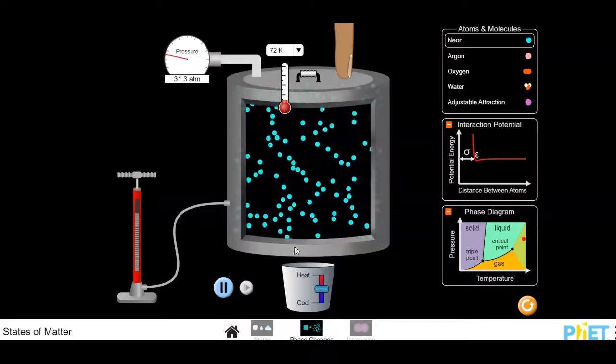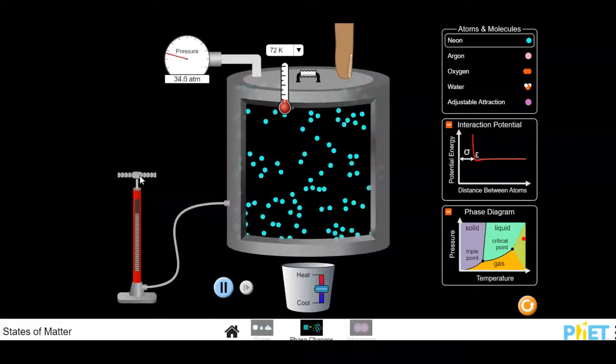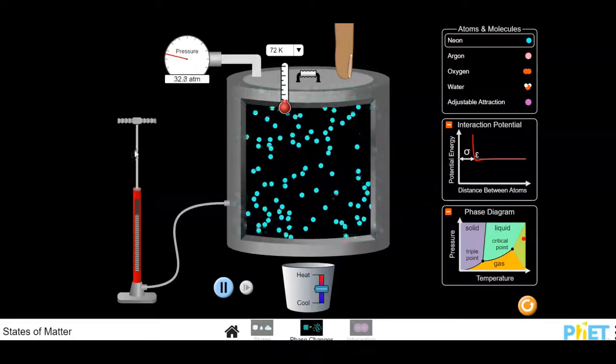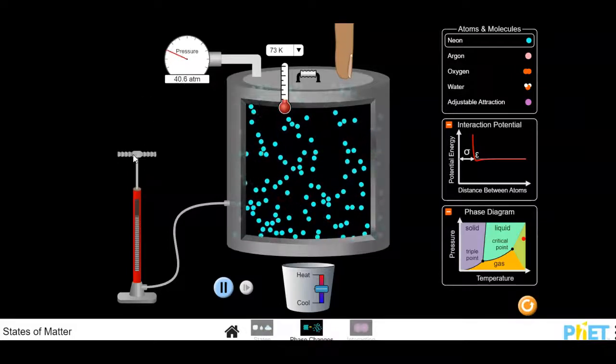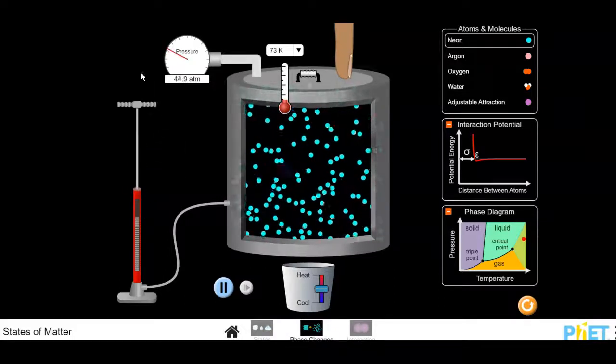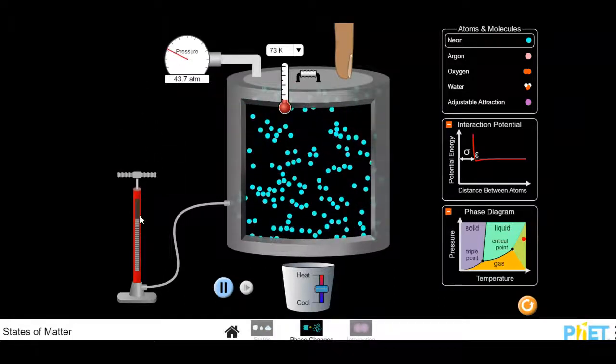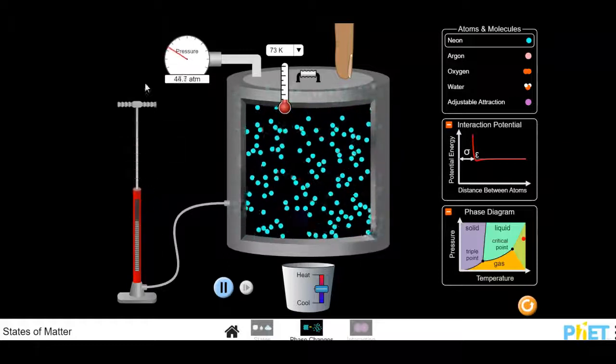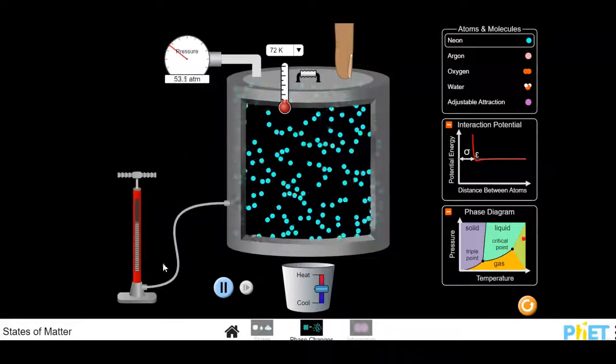Okay, so let's make some more observations. I have a pump here, and I'm going to pump more neon atoms in. And I want you to pay attention to the pressure and see how the pressure changes as I pump in more atoms. Okay, so what is happening to the pressure as I pump in more neon atoms?